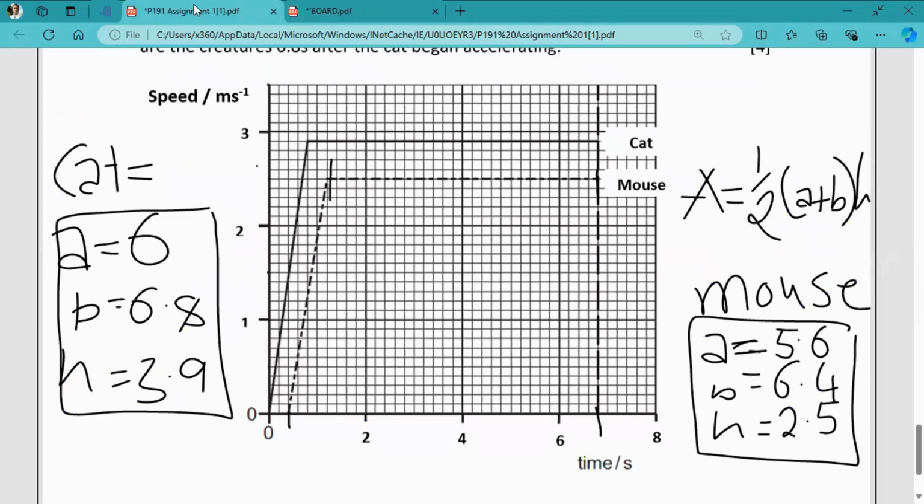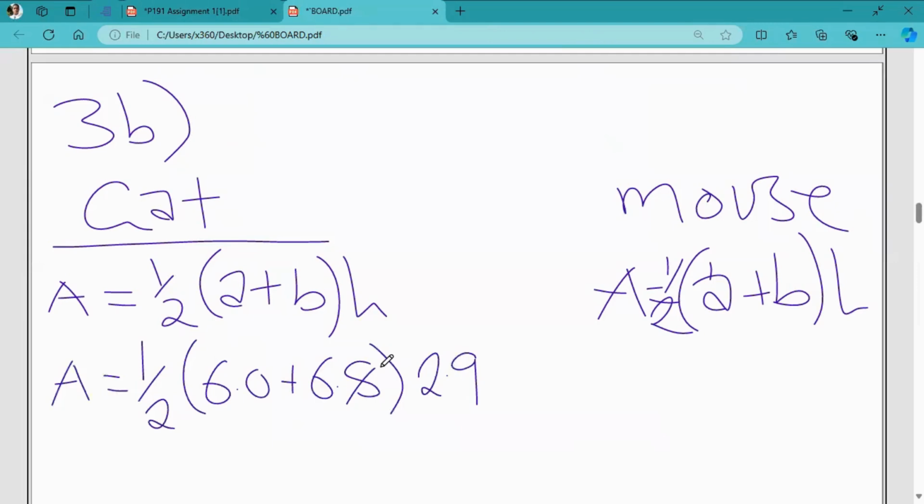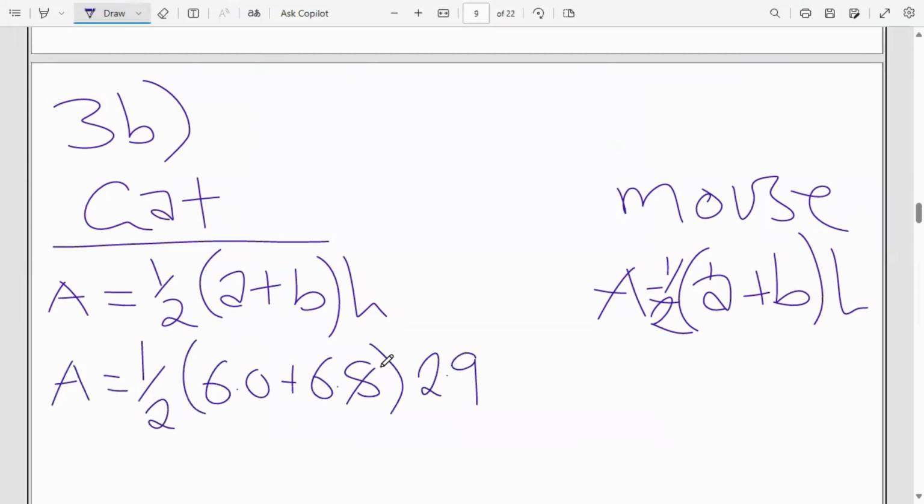Okay, even here it was 2.9 and not 3.9. Let's correct that mistake. I said 3.9 instead of 2.9. So 2.9 there, of which we are going to end up getting what? We're going to end up getting half, open brackets, 12.8, close, times 2.9.